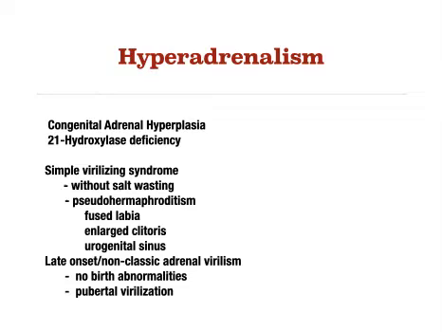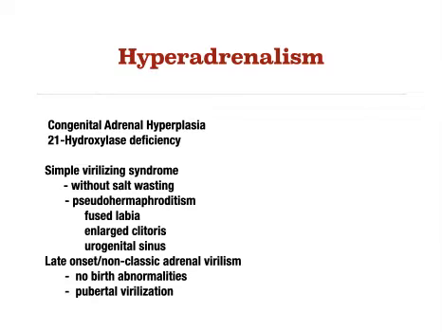Now, your simple virilizing adrenogenital syndrome presents without salt wasting. So the main manifestation here is the presence of genital ambiguity, or sometimes we refer to this as pseudohermaphroditism. It accounts for approximately a third of patients with 21 hydroxylase deficiency.